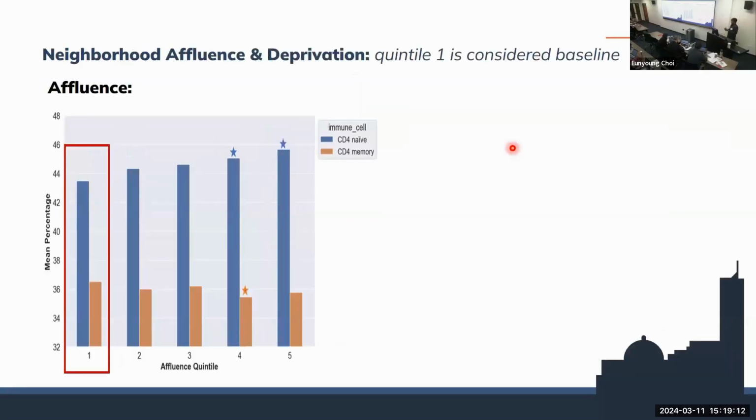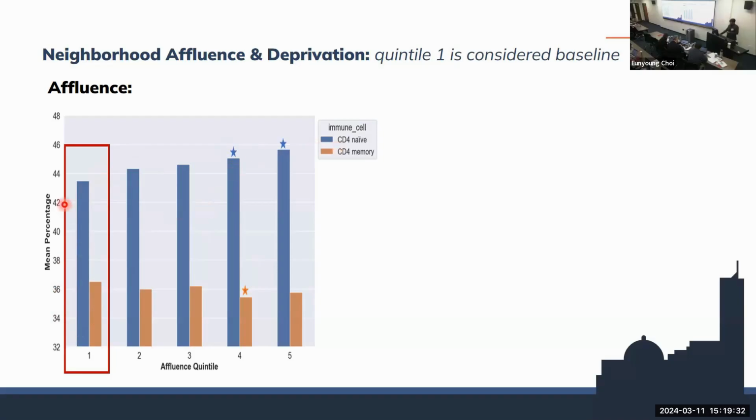Now we will see if there is any significant difference between the quintiles of neighborhood affluence and deprivation. Here, the least affluent quintile, which is quintile 1, is considered to be the baseline.